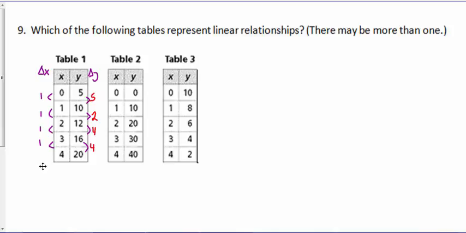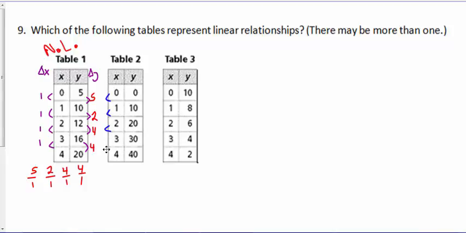Well, all of these are over 1, which means they're all whole numbers. Okay, 5, 2, 4, 4. Well, that's not linear. It's non-linear. Okay, so table 1 is a non-linear function. Now, let's look at this one.